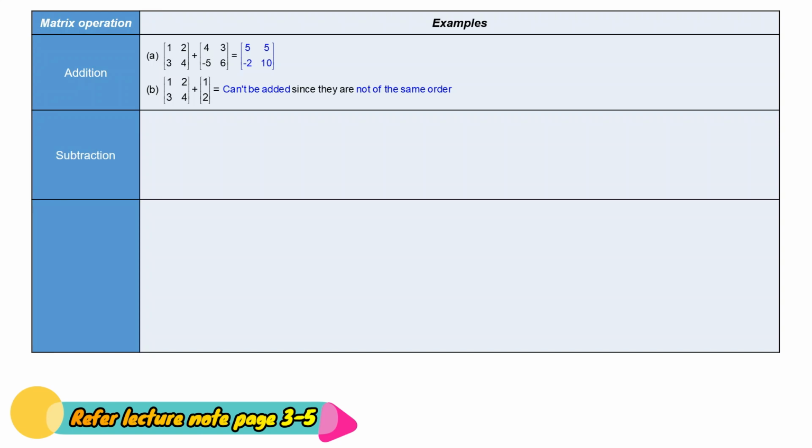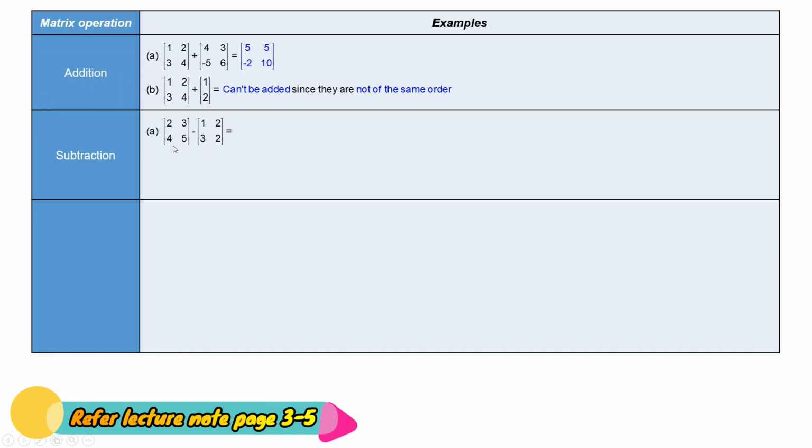Then we have subtraction. For subtraction, the rule is the same as addition. They can be subtracted if they are of the same order. For example, we have two matrices, and these two matrices can be subtracted because they are of the same order.